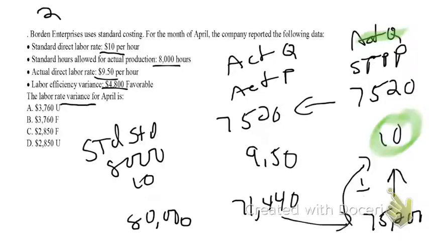The difference between 71,440 and 75,200 is 3,760. I should have spent 75.2, and I actually spent 71.4, so that is a favorable variance of $3,760.